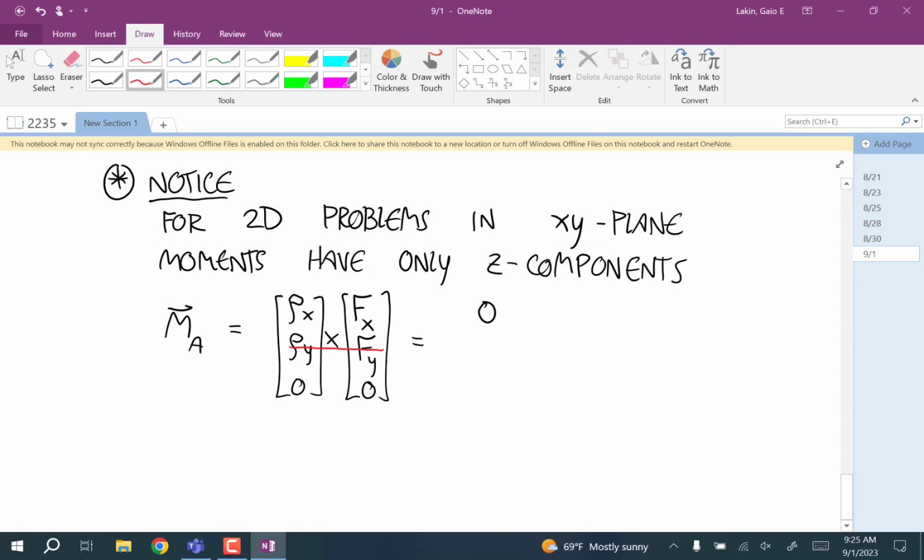Then cross out the y components. It's the negative of this times this minus this times this. Again, those are 0. And then the last one, cross this out. This times this minus this times this. That's not 0. So you get rho x fy minus rho y fx.